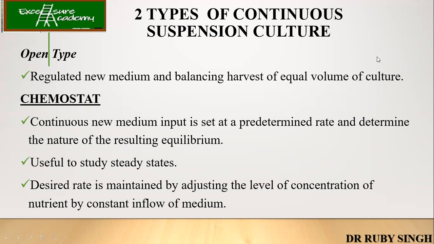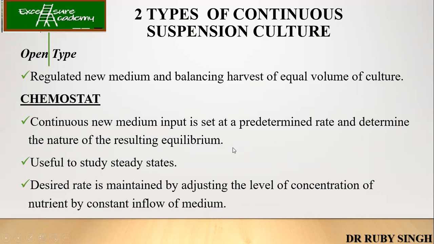Now, in the chemostat, continuous new medium is added at a predetermined rate, which determines the nature of the resulting equilibrium. For example, you have started and every 12th hour you're adding new media and checking until it reaches equilibrium. So this will help in studying the steady state equilibrium of the culture, and the desired rate is also maintained by adjusting the concentration of the nutrient through the constant inflow of medium.